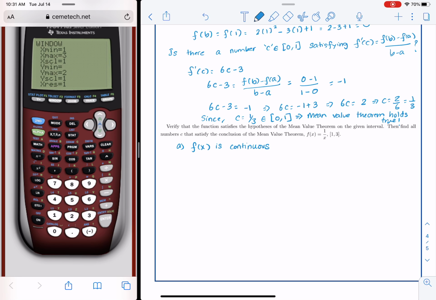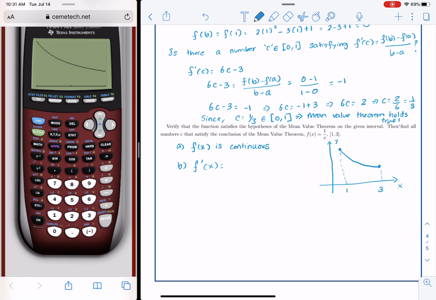The y values have to be between 0 and 1. Let's graph it, and it is continuous. So between 1 and 3, the function is continuous.